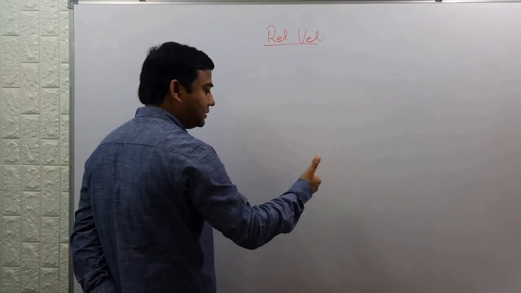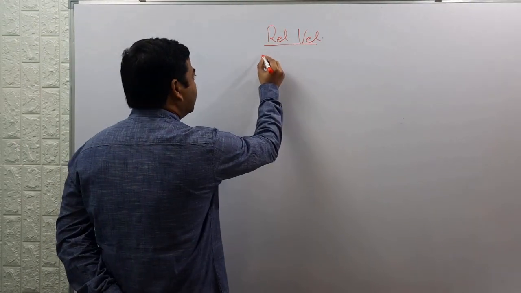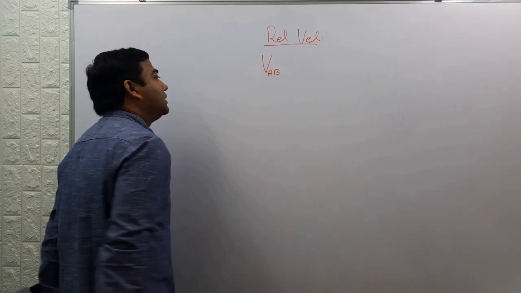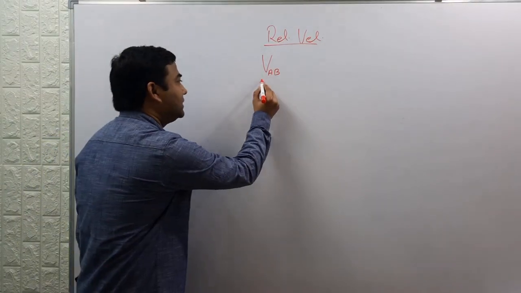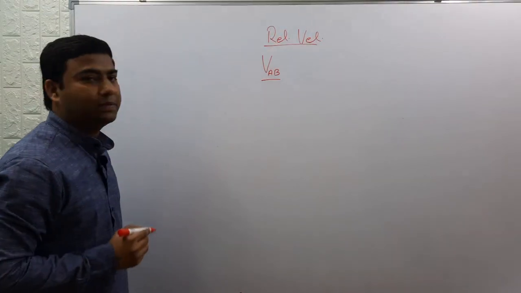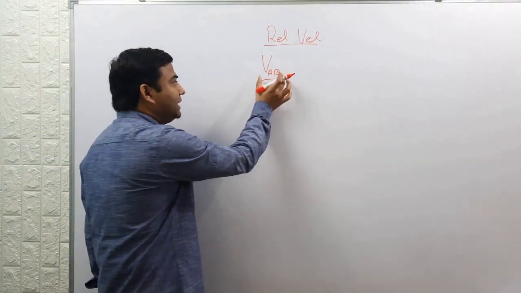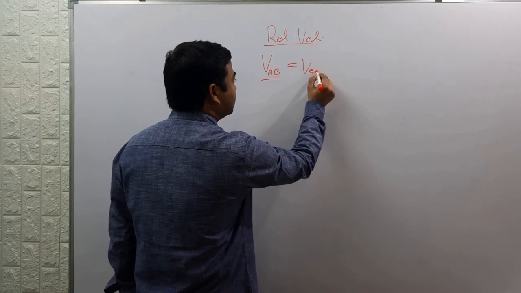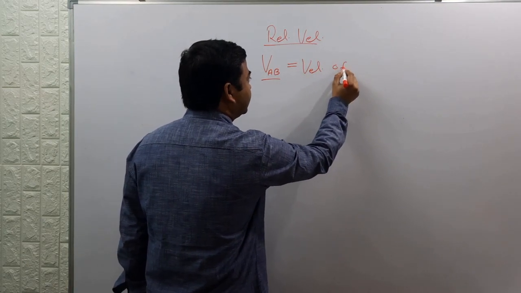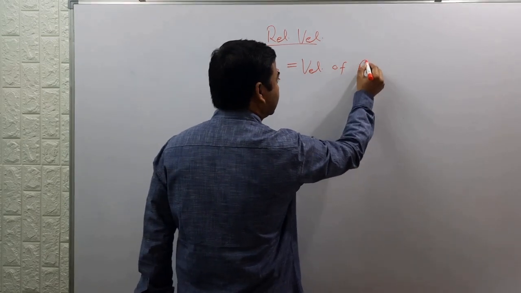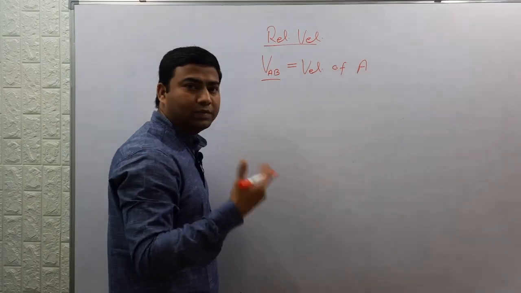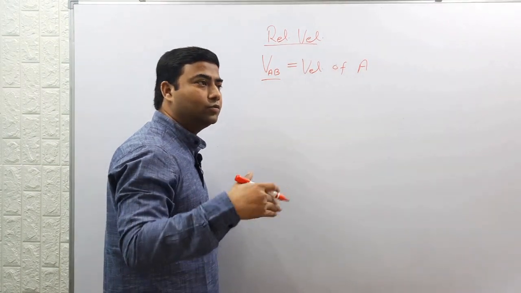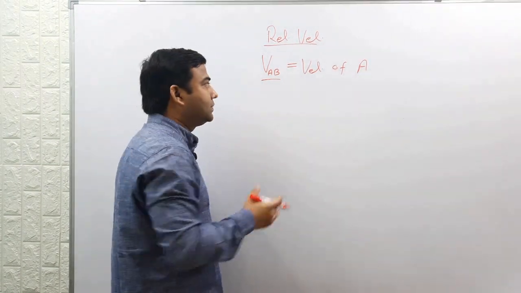So relative velocity, we write the term VAB. Relative velocity is represented with this representation VAB. That means velocity of A. This A can be any object or frame or anything whose motion can be observed.